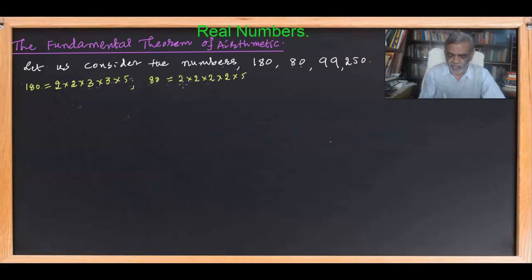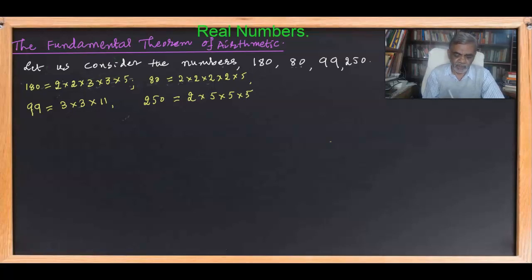Now we can say 2 into 2 into 2 into 2 is equal to 16, into 5 is 80. And also 99 is equal to 3 into 3 into 11. Now 3 into 3 is 9, 9 into 11 is 99, and 250 is equal to 2 into 5 into 5 into 5. 5 into 5 into 5 is equal to 125, into 2 is going to be 250.